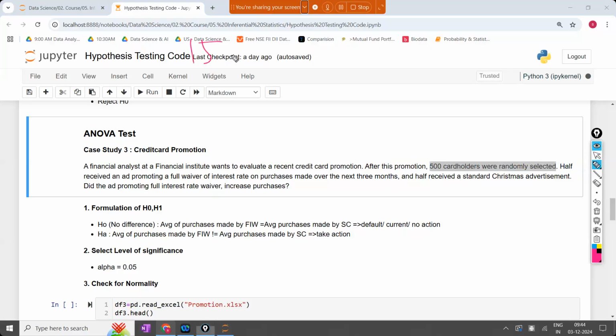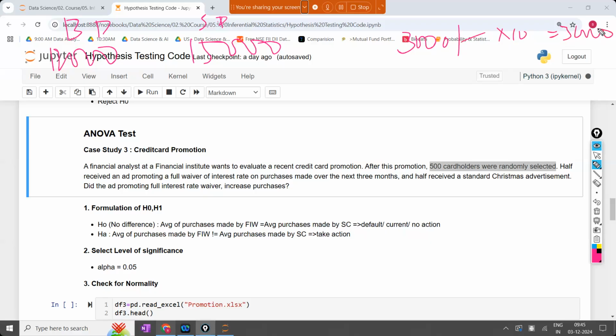For example, a 15,000 mobile. Suppose 12,000 is my purchase price and the selling price is 15,000. If I sell it, the profit I make is 3,000 rupees. If I sell directly, only 10 people purchase and I make only 30,000 profit. But I want to increase my sales.